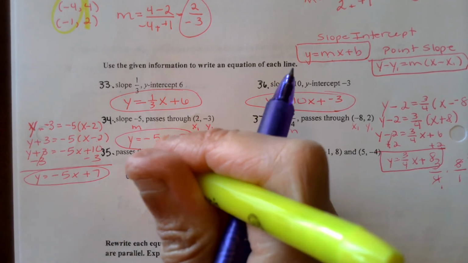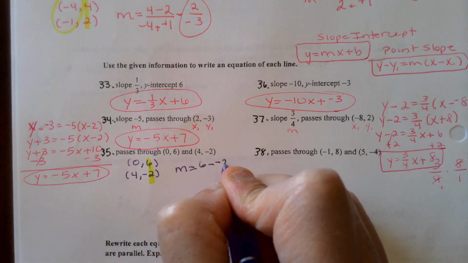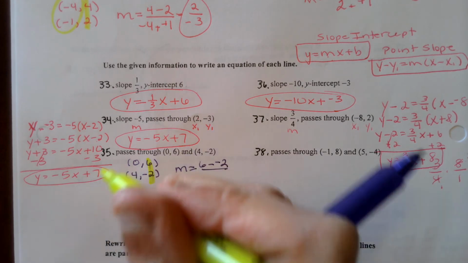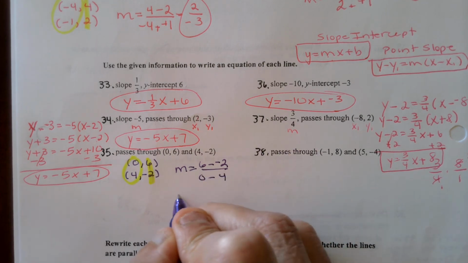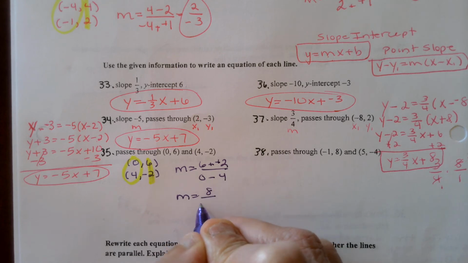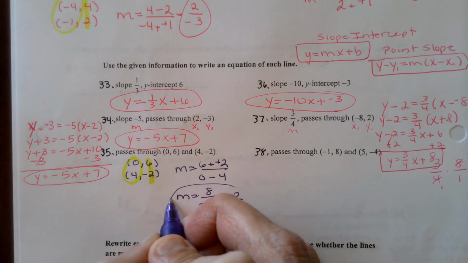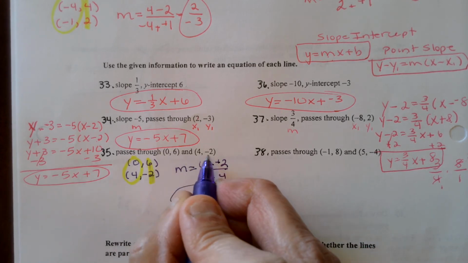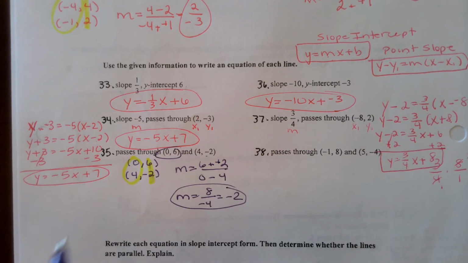So my y's, 6 minus a -2 over 0 minus 4. I have to go the same direction. Plus plus 6 plus 2 is 8 over -4. It's a -2. So now I'm going to have my slope, and I have 2 points, but I only need 1. Okay, so I'm just going to pick that one.